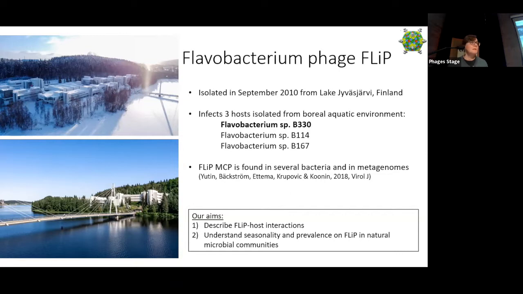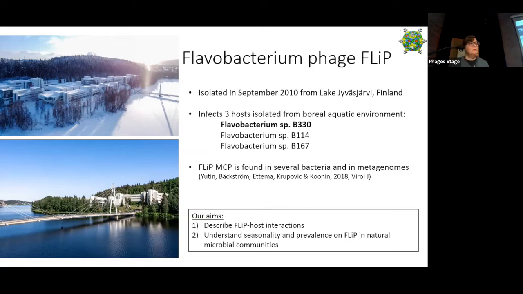So it indicates that the hosts for this phage are available in different kinds of environments. Also, another metagenomic study has found that this major capsid protein sequence can be found globally from different metagenomes and from bacterial genomes. So this phage and phage type is more widespread than we know.